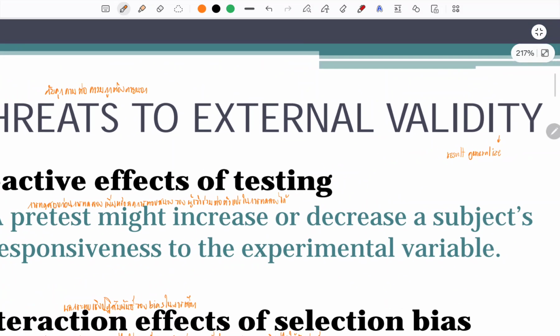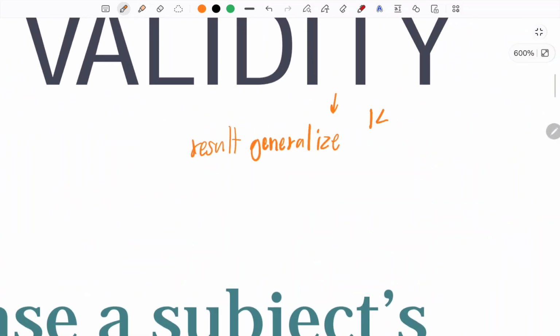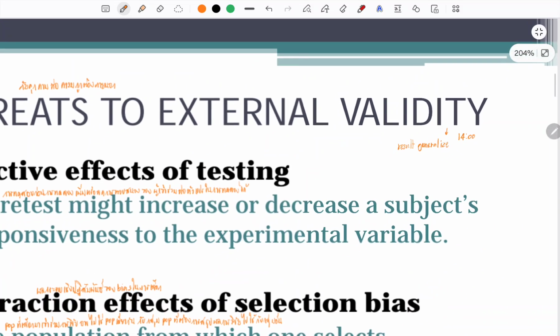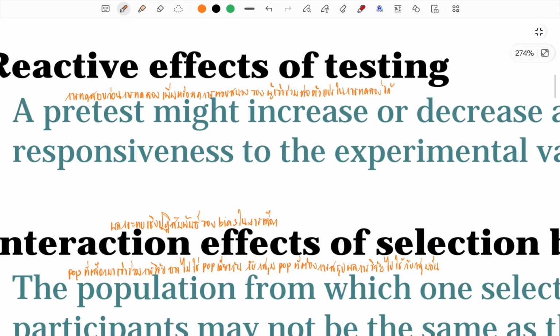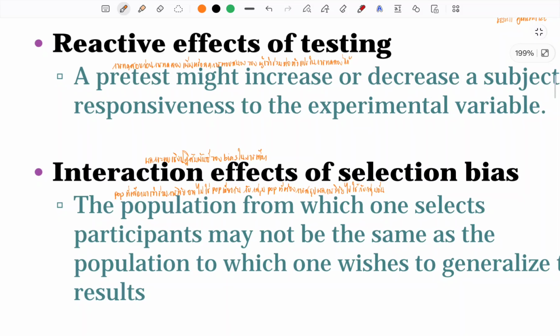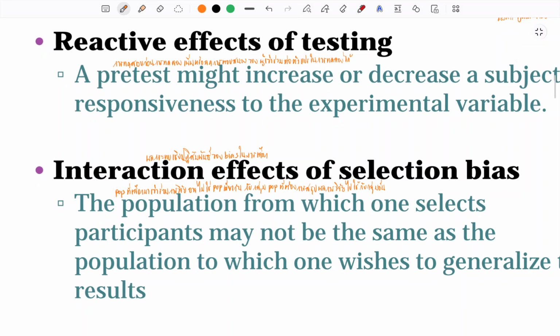Just like in the previous one, a pre-test might increase or decrease subject responsiveness to the experimental variable. If the subject has gone through a series of tests, the result from the series of tests might affect the outcome of each test. So you have to consider again that the order of the tests might affect your result.